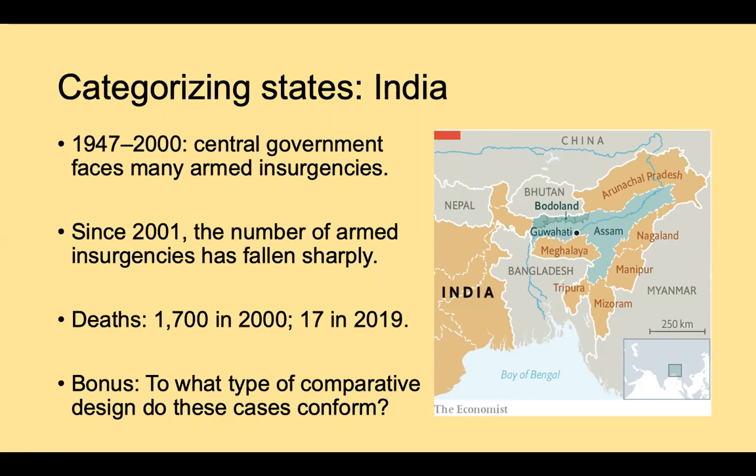It's the same country. It didn't change that much during those time periods, but they have very different outcomes. They've got state weakness during one period and state strength during another. And so we would use then the method of difference to try to figure out what was different between those time periods that helps to explain variation in the outcome. It's a most similar systems design, and it's a classic one.